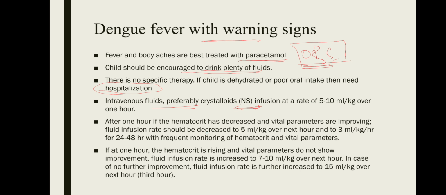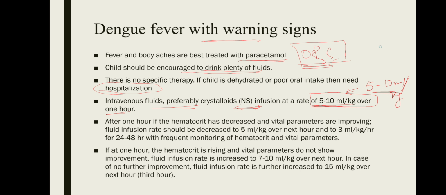You have to give NS at a rate of, this is the change in the new dengue protocol, in case of warning sign, fluid of 5 to 10 ml per kg.